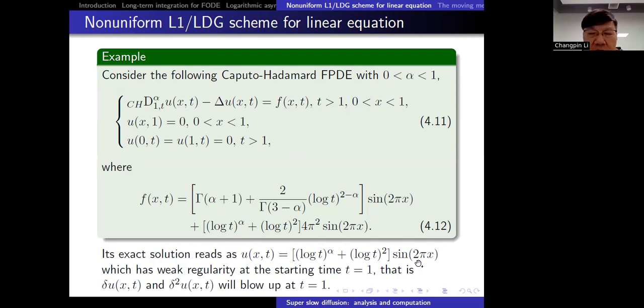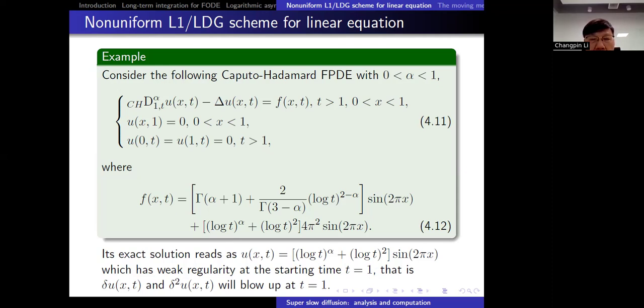We can see that such a solution has a weak regularity at the starting time 1. That is, the derivative and second derivative of U of x and t will blow up at the starting time. So we need to use a non-uniform L1 formula to approximate the time fractional derivative.